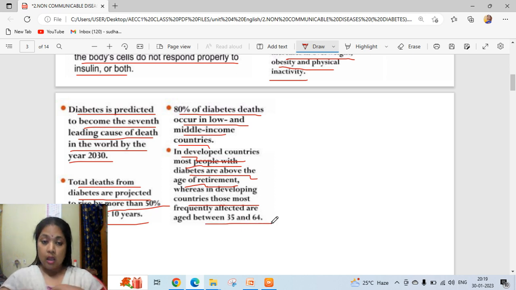Means in countries like India, a developing country, the most frequently affected age of diabetes is between 35 and 64, but in developed countries, it is marked above the age of retirement.